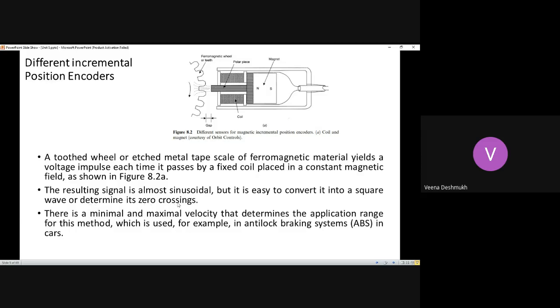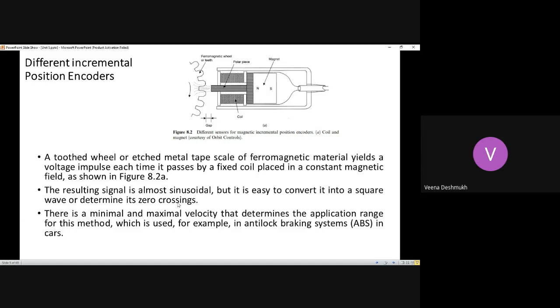Either you count the positive peaks or the negative peaks, or the positive zero crossings or the negative zero crossings. Whichever you count, if you generate a pulse for every count, it can easily be converted to pulses or a square wave, and then you can count these pulses very easily using a digital counter.